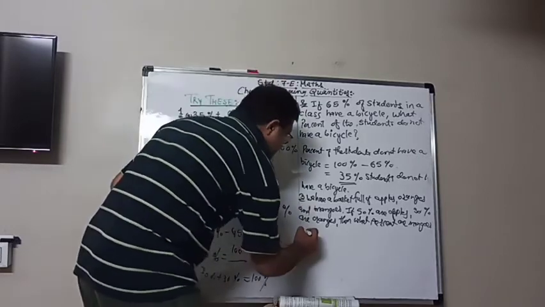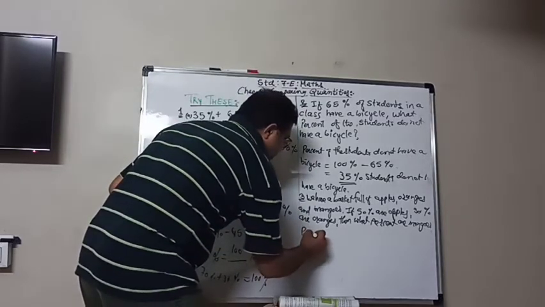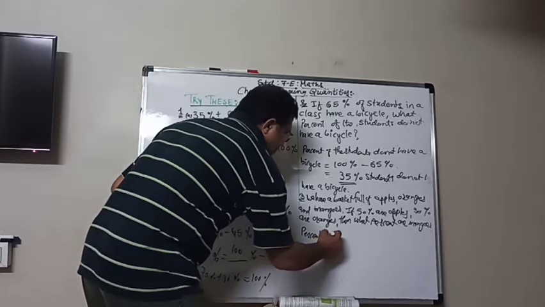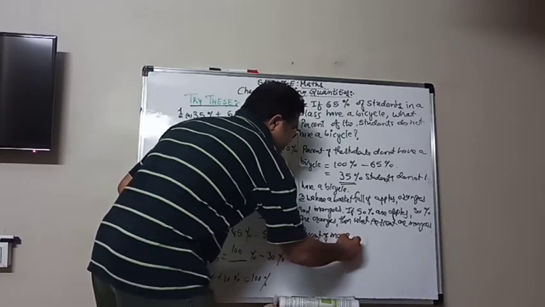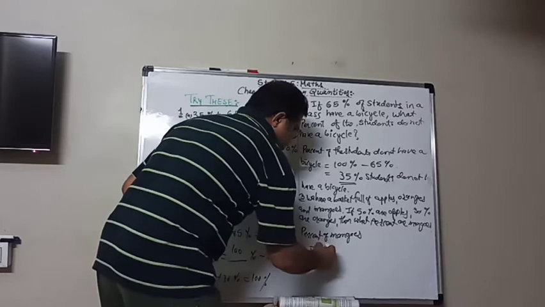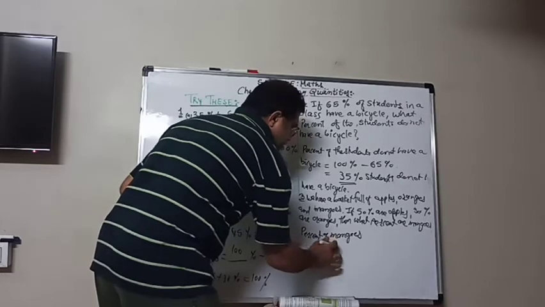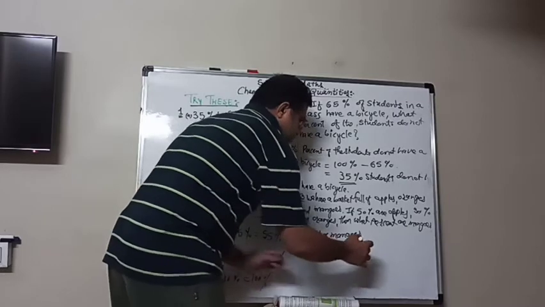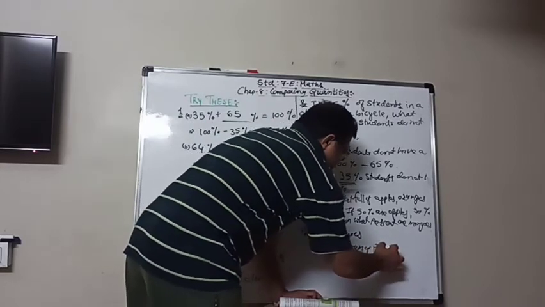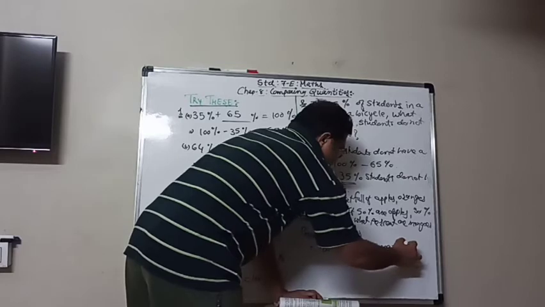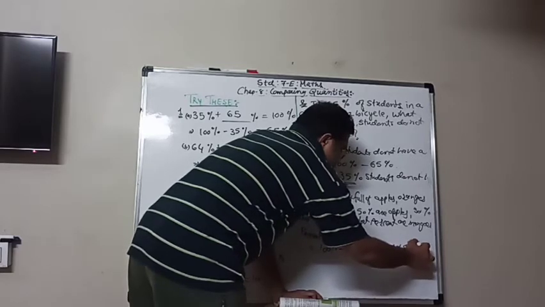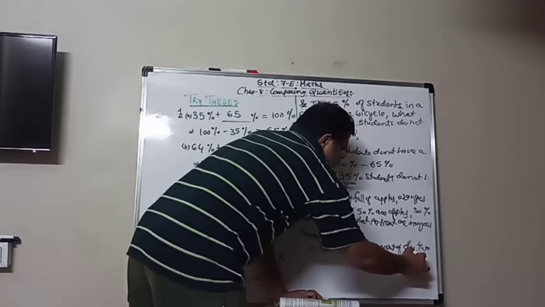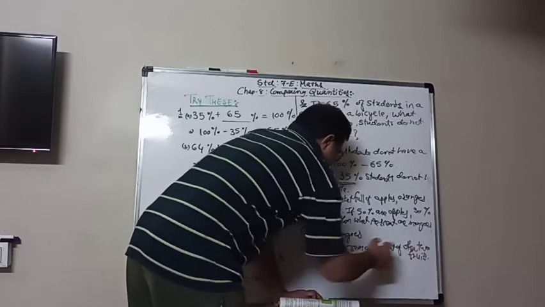So now the percent of mangoes is equal to 100 minus the sum of the percent of the other two fruits.